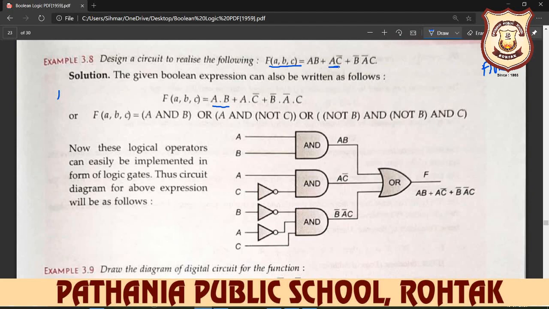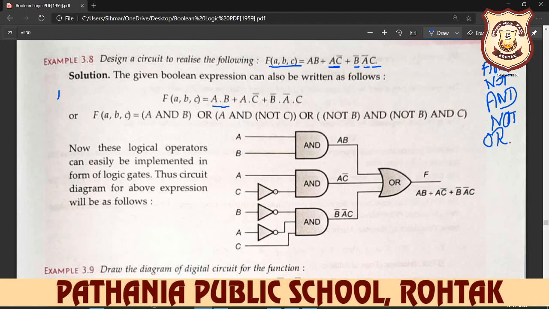So it is a combination of your AND plus NOT. So we need AND and NOT gate here. After that B complement, A complement, C. So again we need AND gate plus NOT gate. And here is plus, so we need OR gate here.